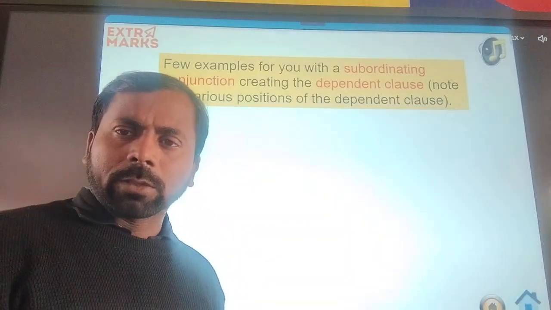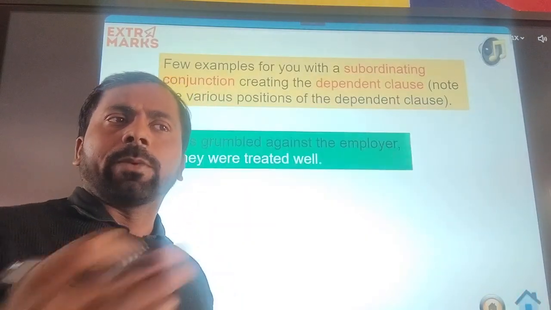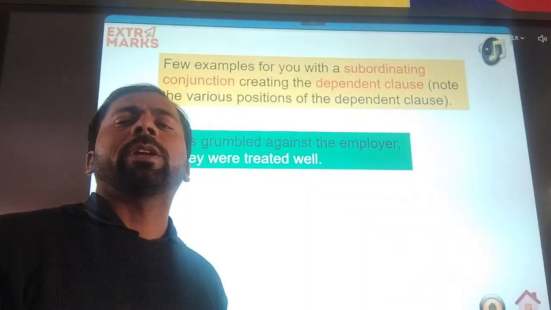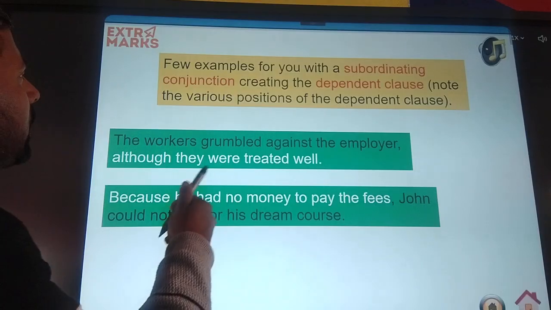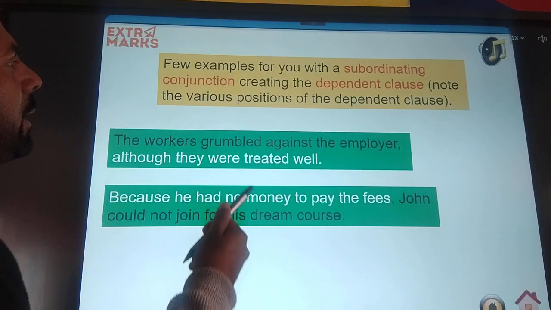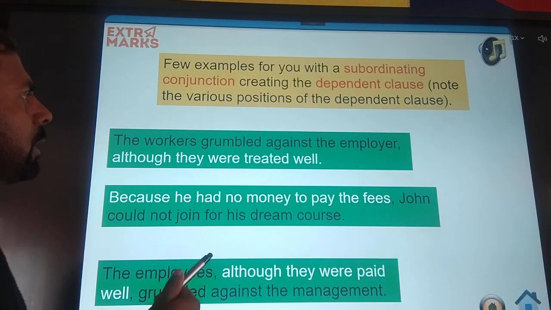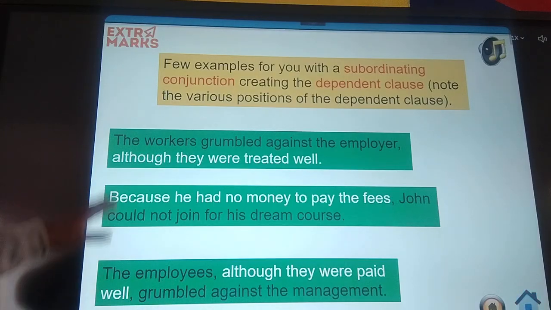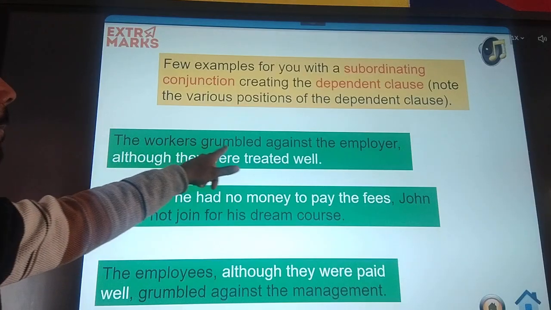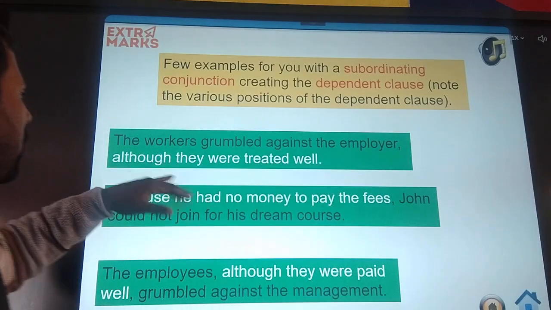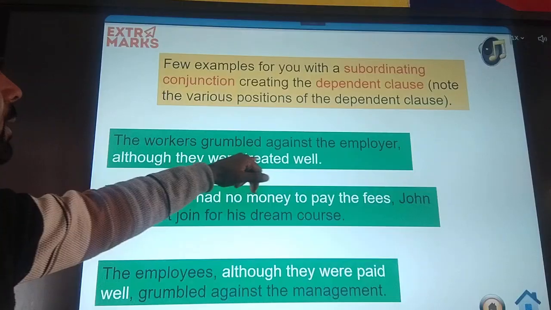When you classify pronouns into different parts, then you also know about the relative pronoun. So in this example, the subordinate creates the dependent clause. You know the various positions of the dependent clause, like you can see here: the workers grumbled against the employers, comma, although they were treated well.